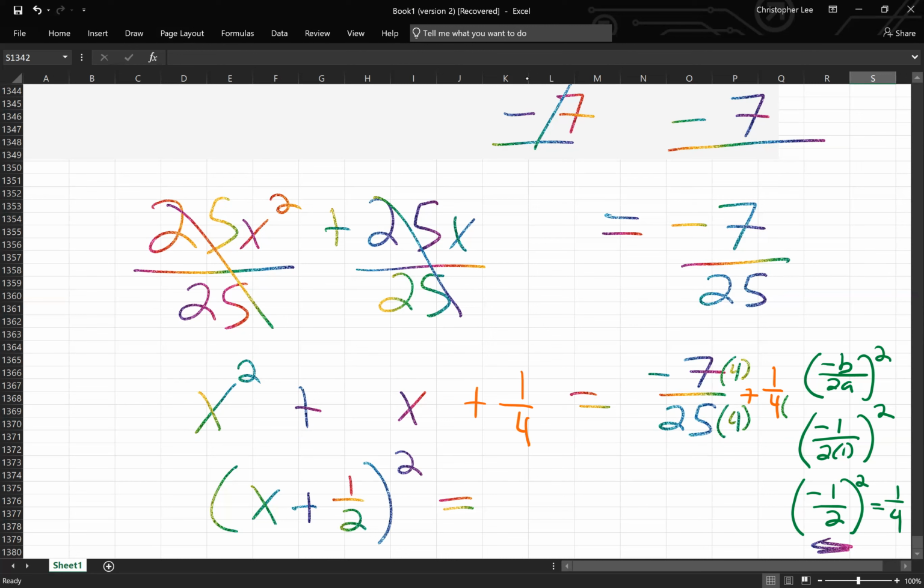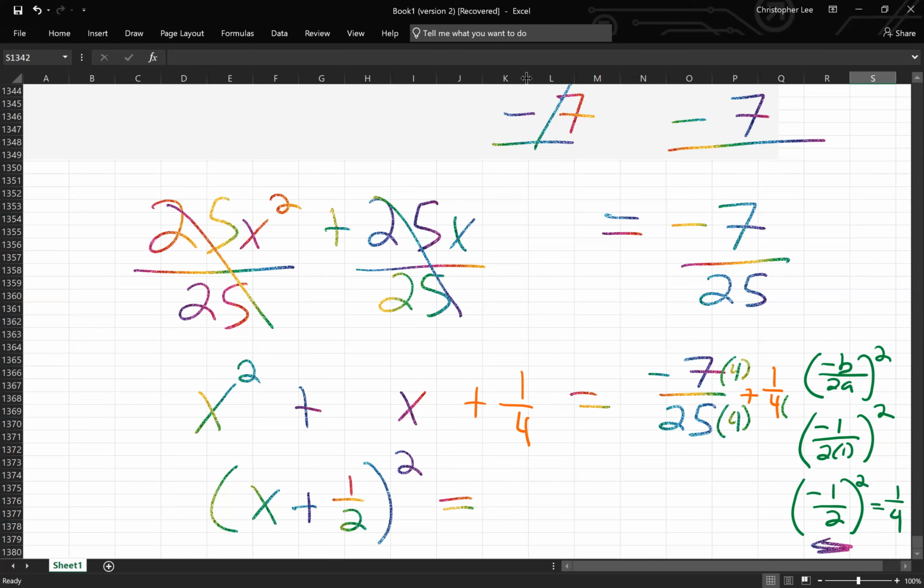Hold on. Nah, it is 1/2, because 1/2 times 1/2 is 1 over 4, and 1/2 plus 1/2 is 1. Yeah, it works. Whatever it is that you square in, that's what's gonna be in that factor all the time. So anyway, let's finish it.